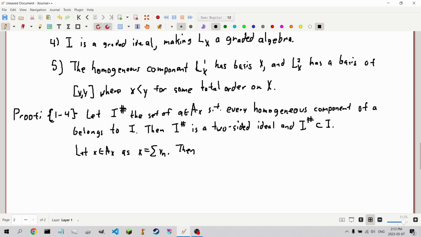Then x times x is equal to the sum of these xn squared plus the sum for grade n less than grade m of xn xm plus xm xn.